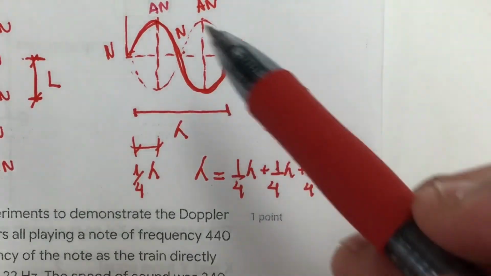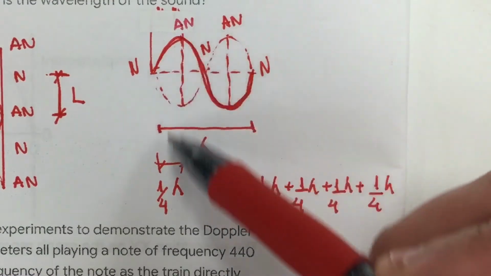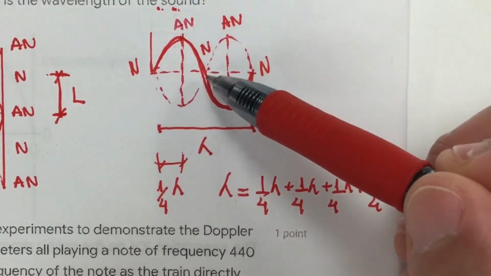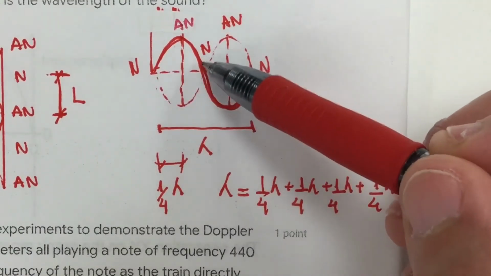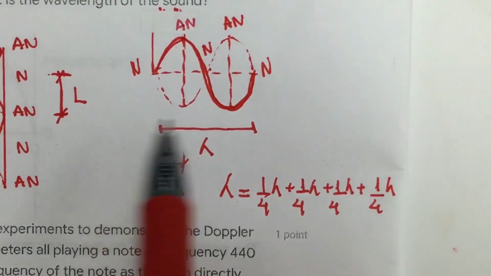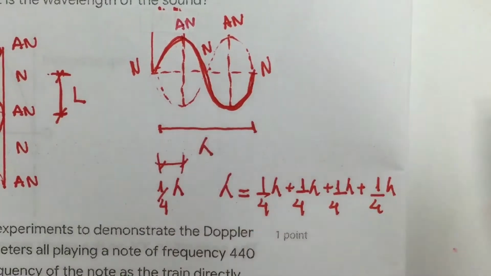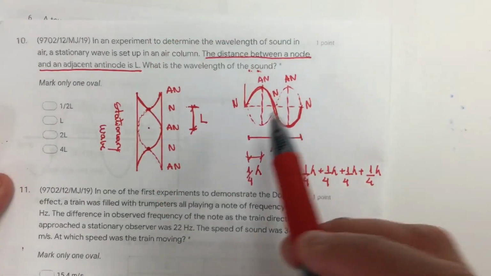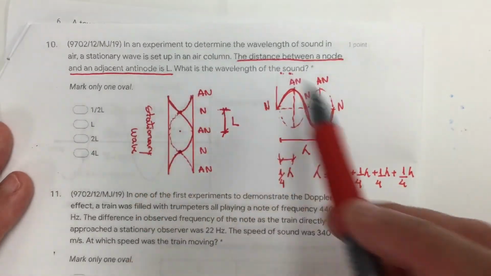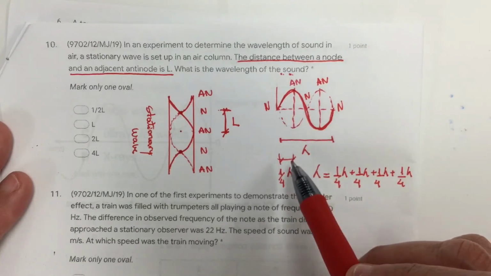Now the distance between a node and antinode here is 1/4. The distance between two consecutive nodes is half of a wavelength. So that's what I want you to see, the wavelength in terms of the length of this wave. From this diagram, the distance between a node and adjacent antinode is just 1/4 of the wavelength.